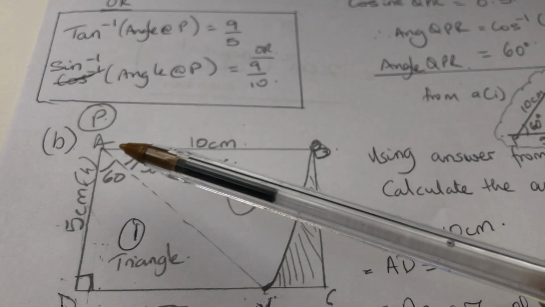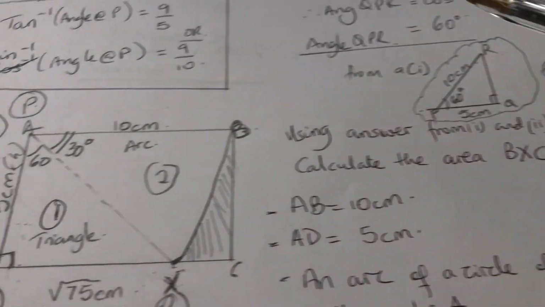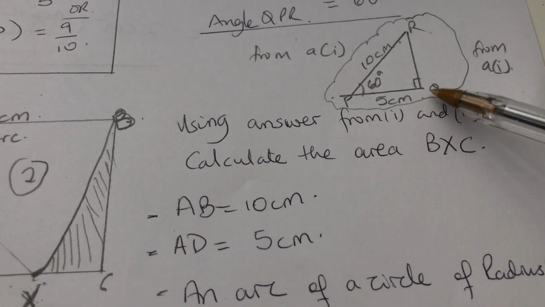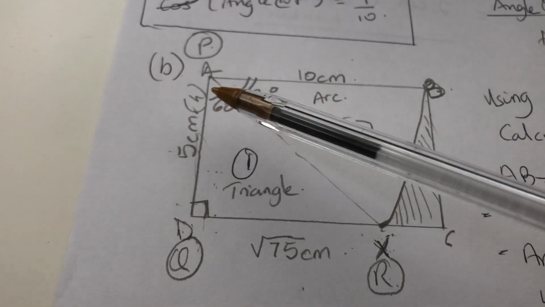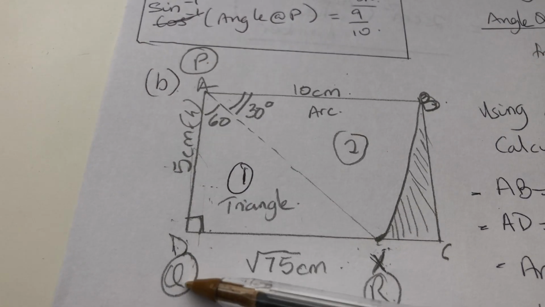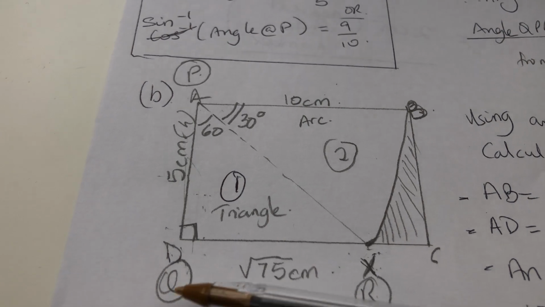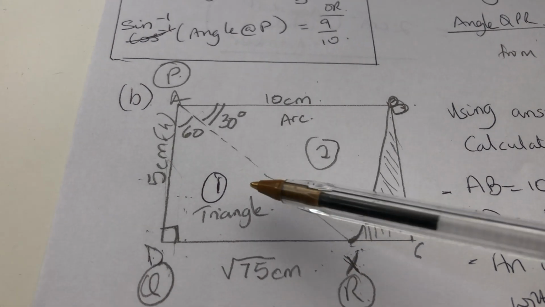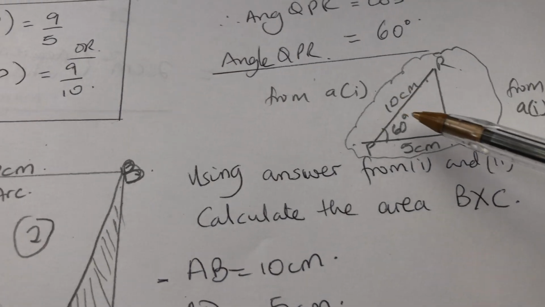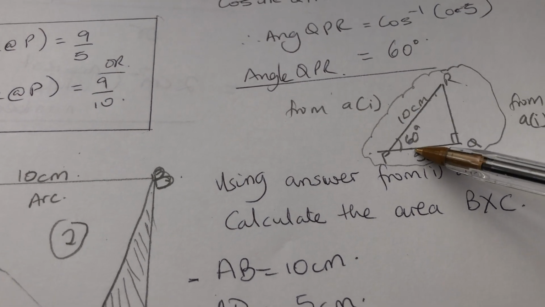And even because they've made it A, B, C, D, I had to put this P, Q, R in here. So I put P on top of the A, Q underneath the D, and then R, for me to be able to use what I did in the first two parts.